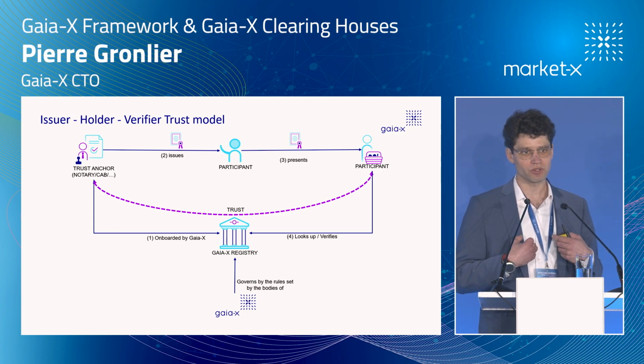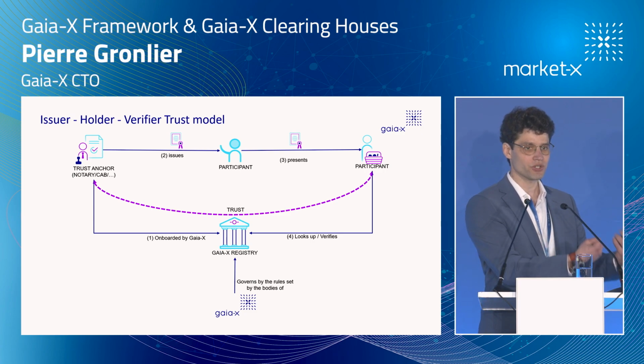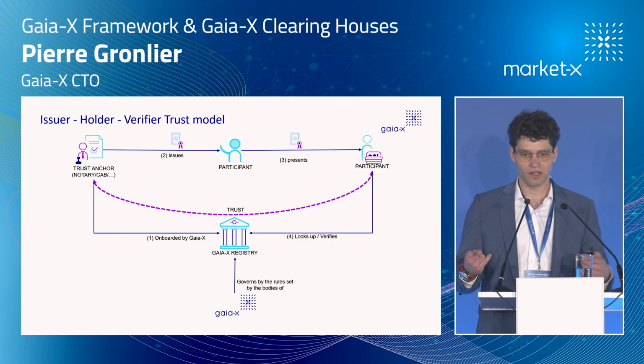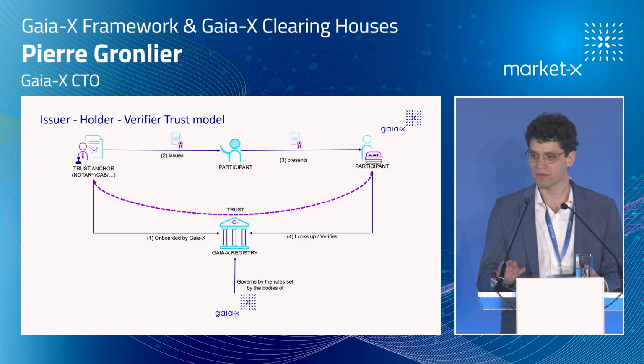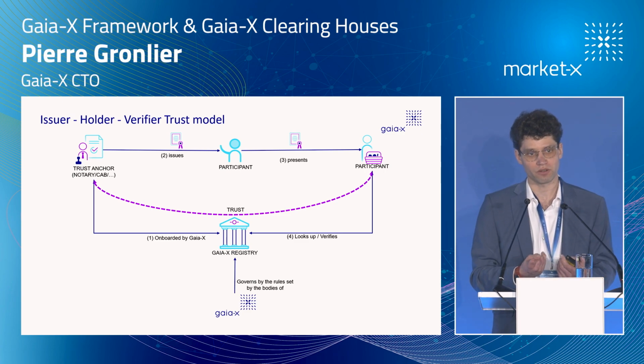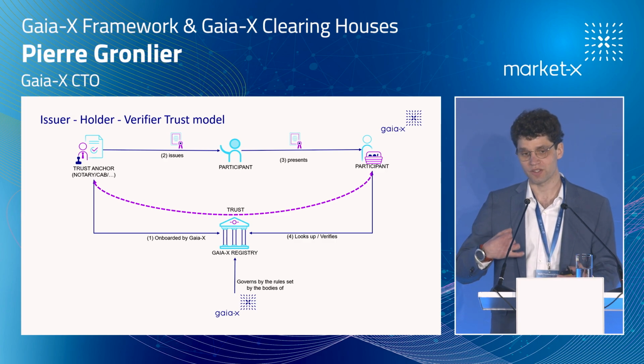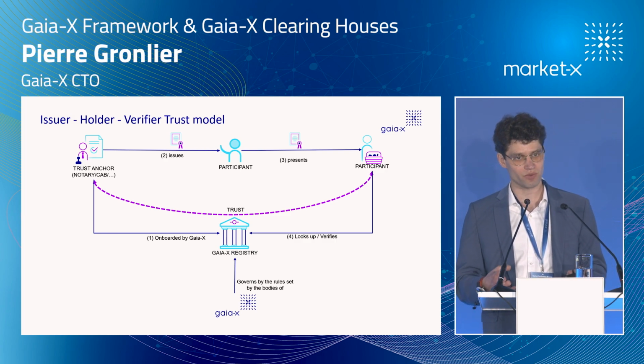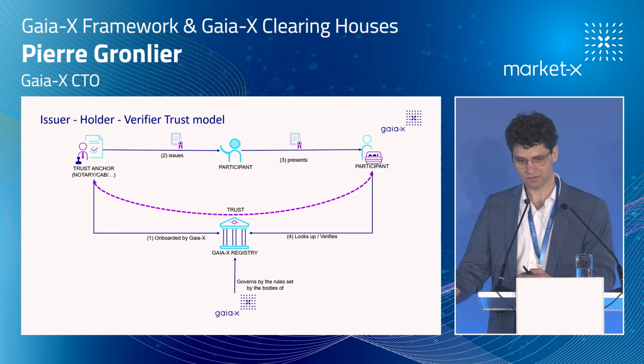And the holder will be able to go around and present those credentials to someone else, the verifier. And the trust mechanism that enables the issuer and the verifier to trust each other without having a direct contact is what we call in the specification the verifiable data registry, and that's the Gaia-X Registry.